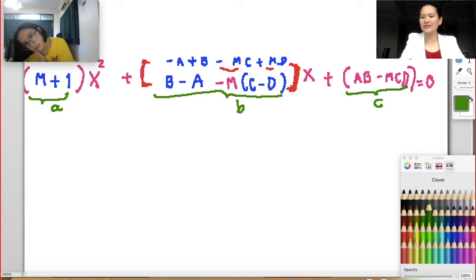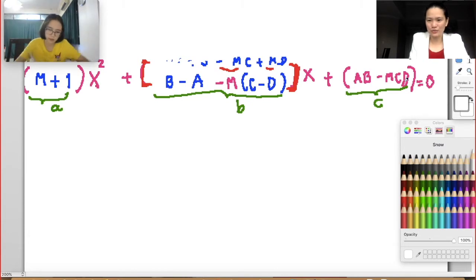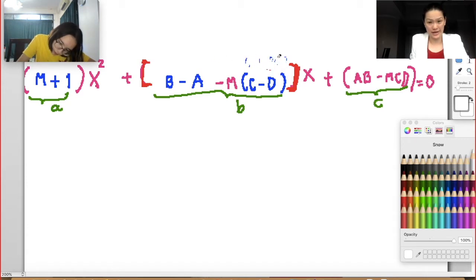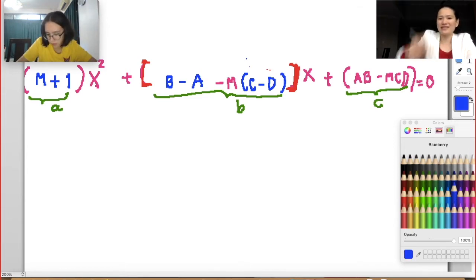Alright. Try to delete something that's not really needed. I'm going to delete everything here. Alright. Take a deep breath. This is when you're about to get the formula, you remember our formula again. X equals.